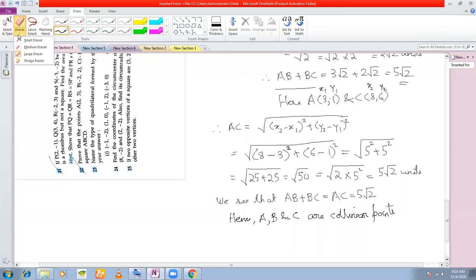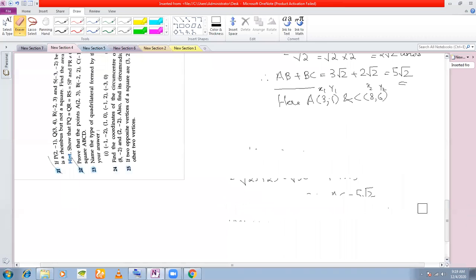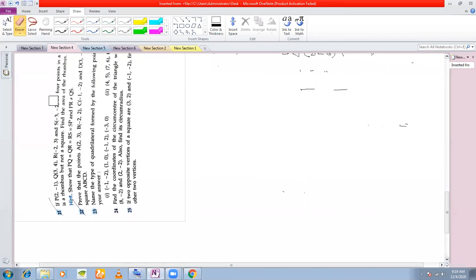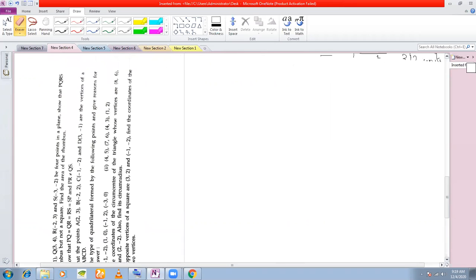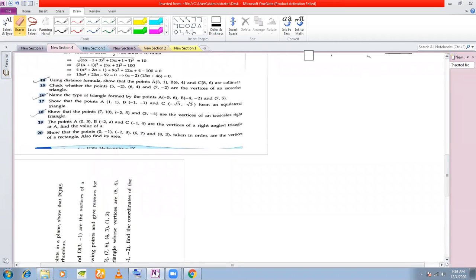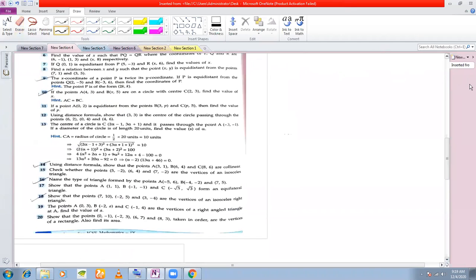Number 16, very important problem. If you read number 16, the question is: name the type of triangle formed by the points, and 3 coordinates are given.